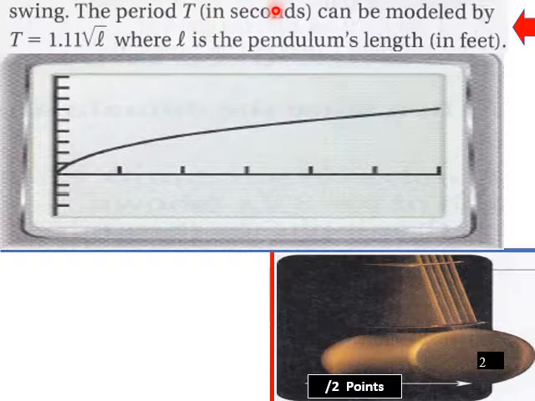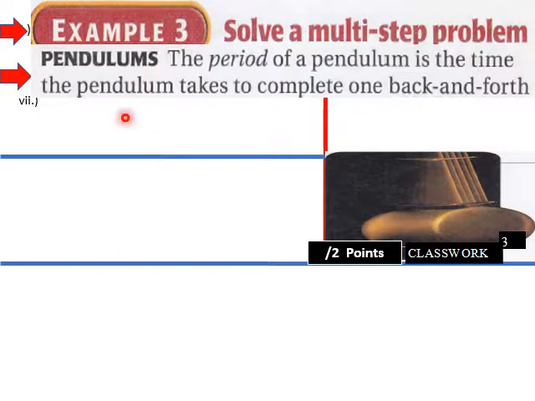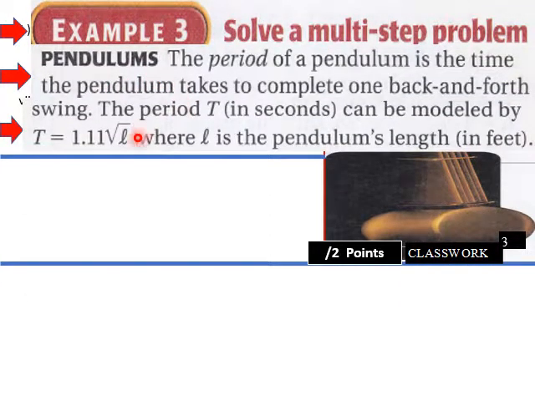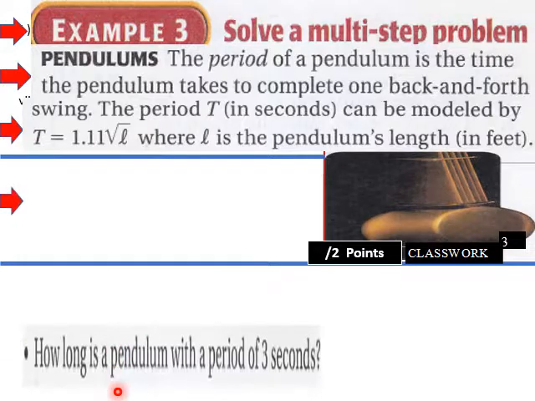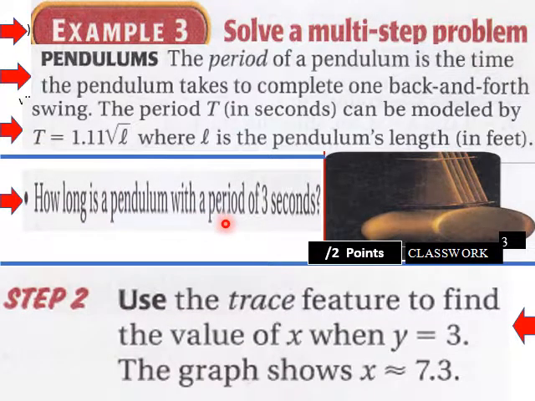The period t in seconds is modeled by t equals 1.11 radical L, where L is the pendulum's length. So here is the curve for that. How long is the pendulum with a period of 3 seconds?